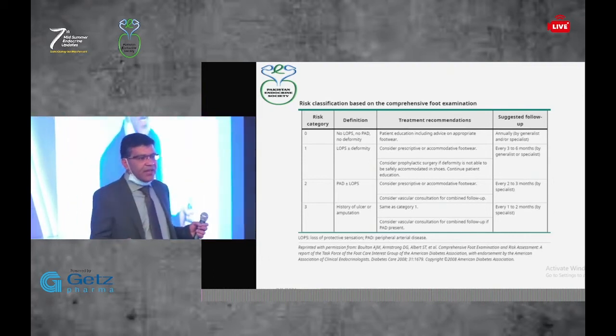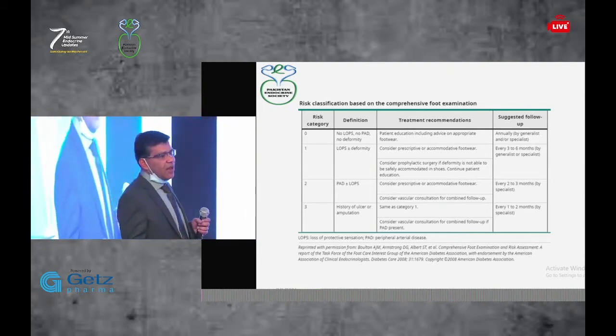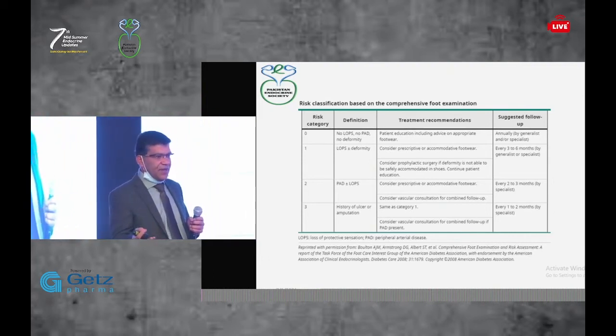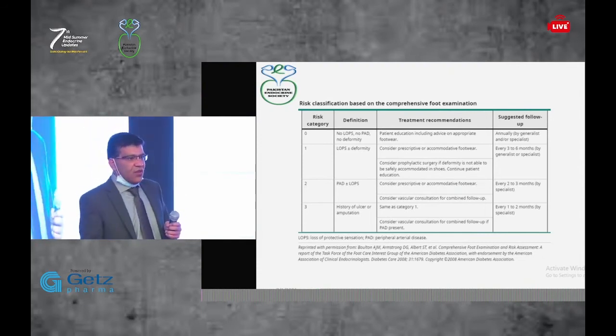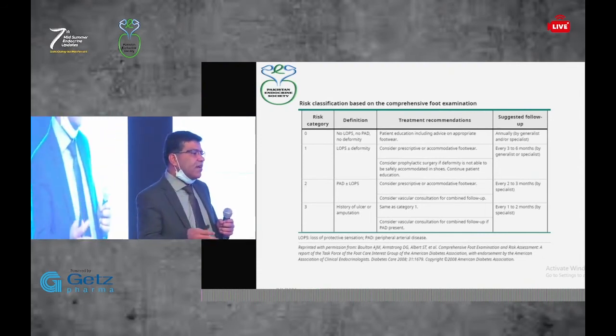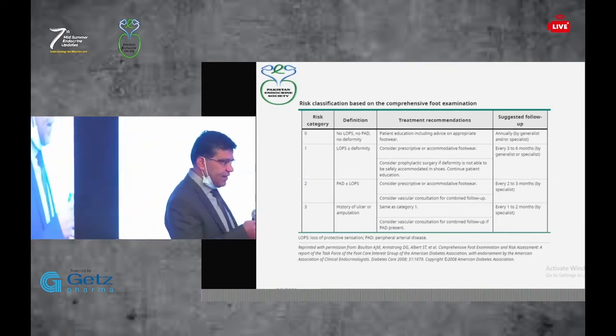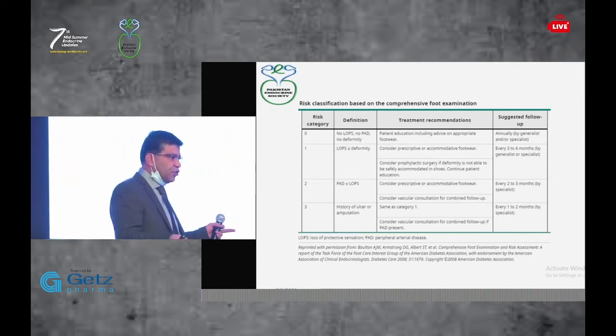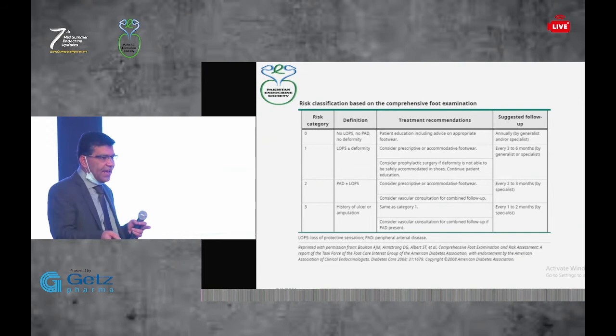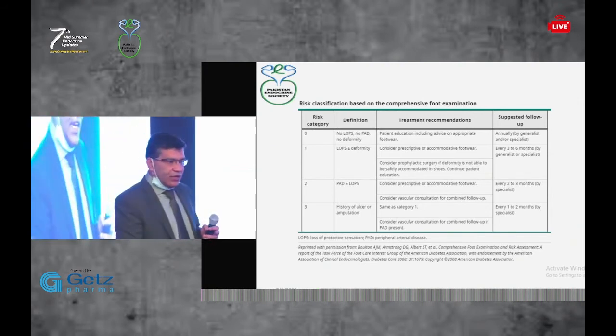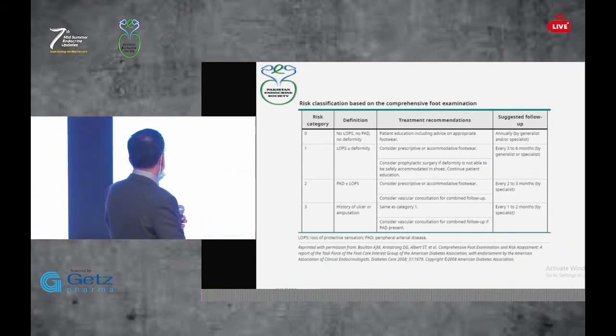Why appropriate? Because we are seeing patients coming in wearing shoes which place their feet at risk of trauma, and poor hygiene, which can lead to complications of the diabetic foot.